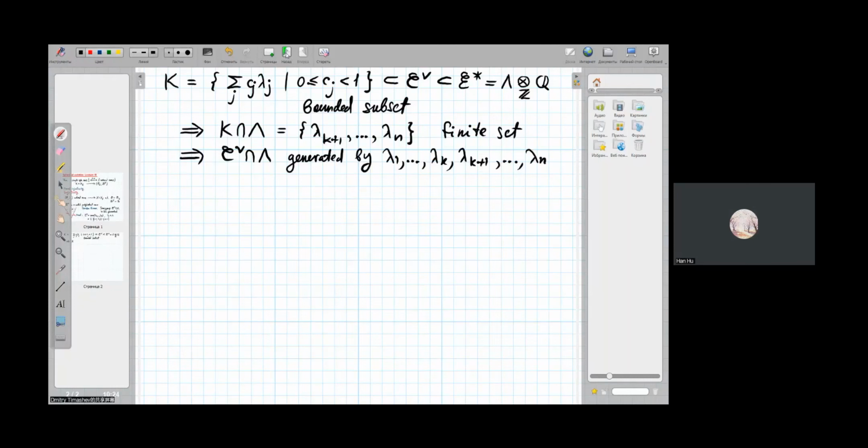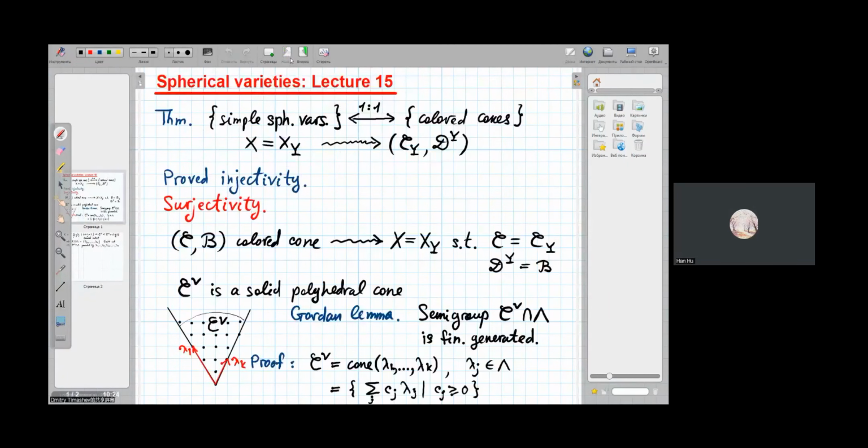Just look at the definition of this cone C, this cone spanned by lambda 1, ..., lambda k. Every vector in this cone is a linear combination of the lambda j's, where j ranges from 1 to k, with non-negative coefficients.